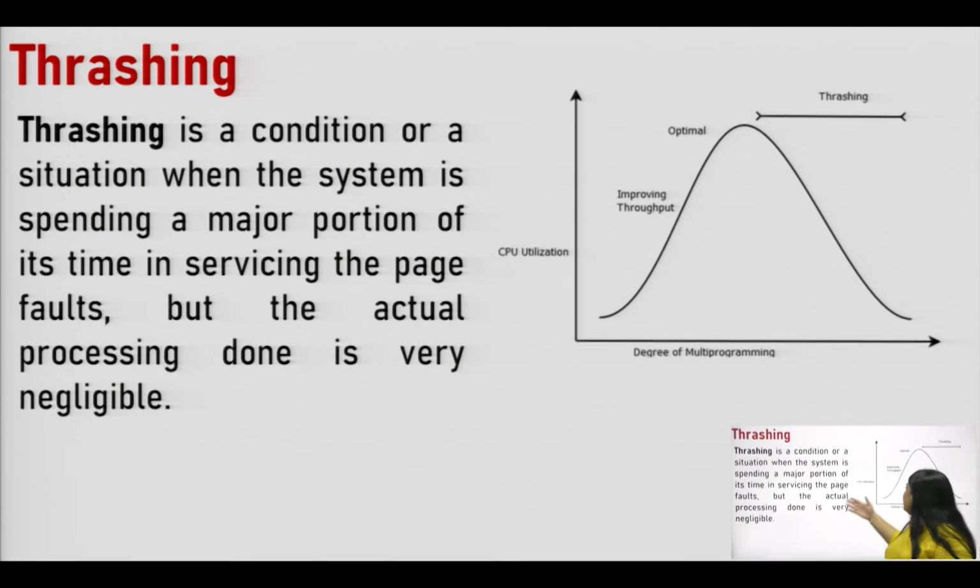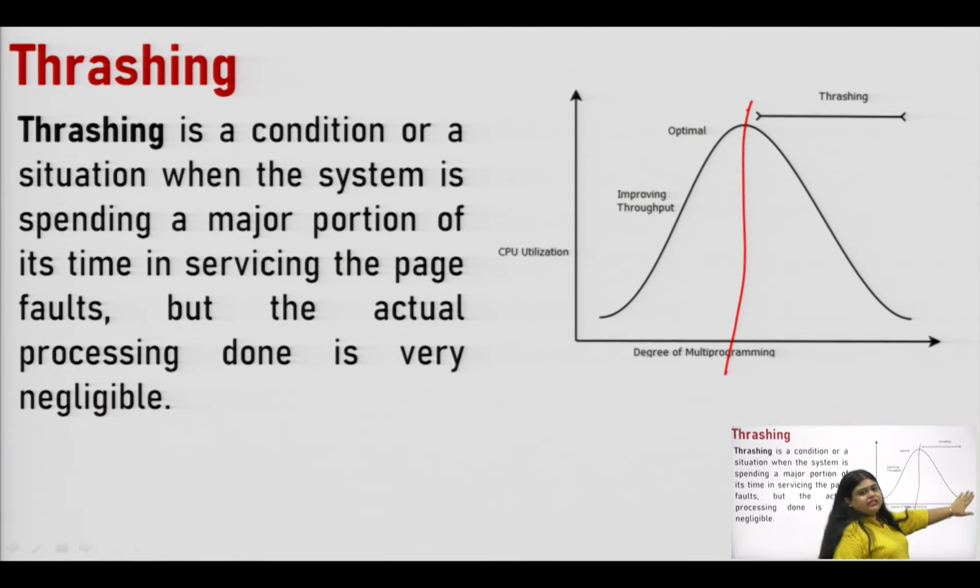So, over here in the graph you can see that the number of page faults is increasing, the number of services that the system is providing for the page faults is going high, but the actual processing is going down. From this point thrashing is taking place.